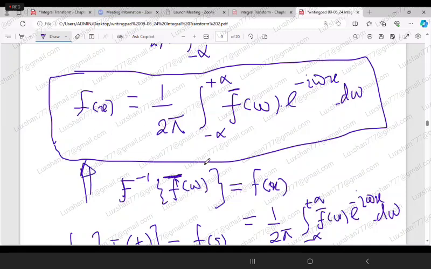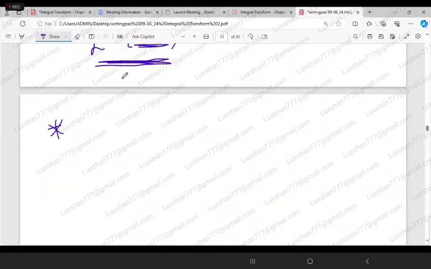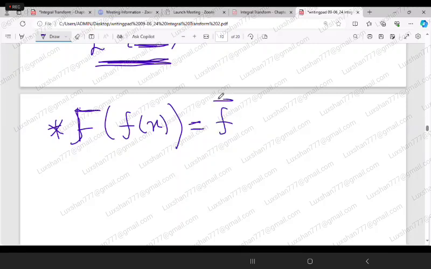I'm writing it again here. The Fourier transform of a function f(x), we denote it by f bar omega, is given by the integration from minus infinity to plus infinity of f of u, e to the power i omega u.